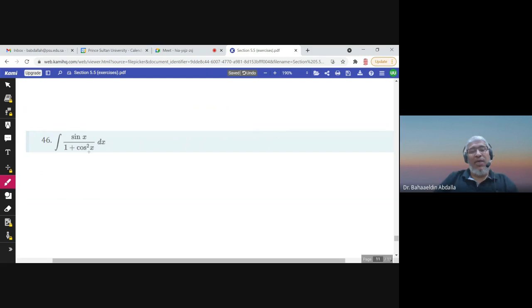Well, I'll take here u to be cosine x. Du would be the derivative of cosine, which is negative sine. I have sine, I need negative sine here. So this would be du over 1 plus u square, because this is cosine square.